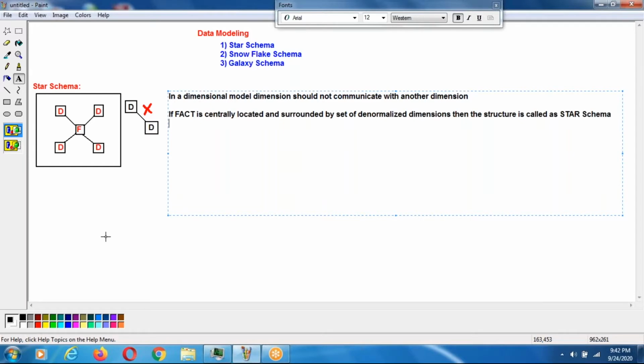If any two tables are communicating, we'll call that as normalized tables. So here we are having the tables with communication between the dimension and the fact, but not between the dimensions. So there is a reason I'm saying they are denormalized dimensions, because dimension is not communicating with another dimension.